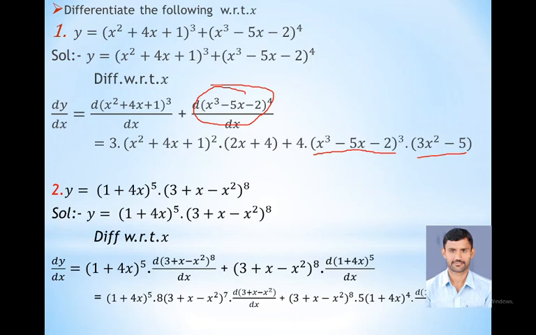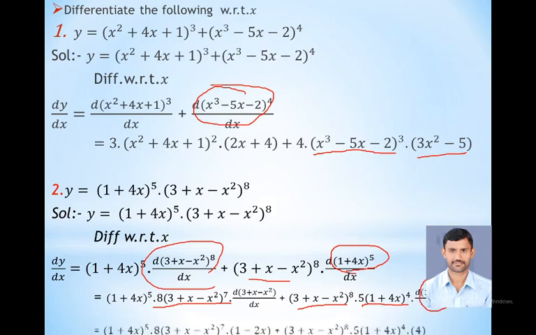Which is equal to 1 plus 4x bracket raised to 5 into derivative of 3 plus x minus x square bracket raised to 8, which is 8 into 3 plus x minus x square bracket raised to 7 into again derivative of 3 plus x minus x square, plus 3 plus x minus x square bracket raised to 8 as it is into derivative of 1 plus 4x bracket raised to 5, which is 5 into 1 plus 4x bracket raised to 4 into again derivative of 1 plus 4x.